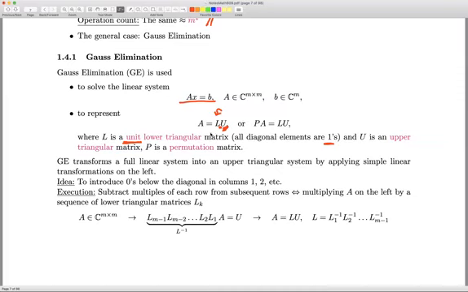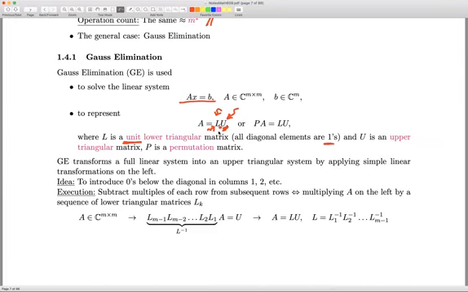Meanwhile, when you perform the computations in order to arrive at U, you will have some information that you can utilize to construct the matrix L that participates in this factorization of the matrix A. This factorization is called the LU factorization of A. LU factorization can also be achieved not through Gauss elimination, but by simply writing down the unknown entries of L and U, and then performing the multiplication of those two matrices in a clever way.